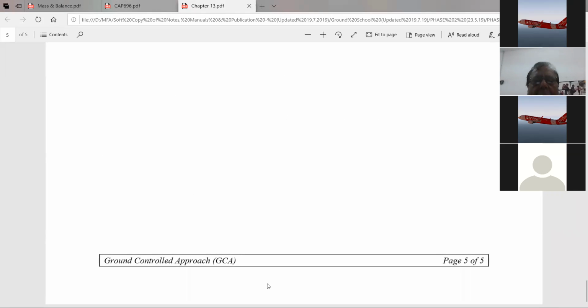What we are interested in is what we term as the airborne weather radar. This is one thing which you're going to use, as I mentioned, right from the day you start, once you enter the cockpit, after you graduate from the academy, and once you join the airline, or maybe even during the simulator phase.